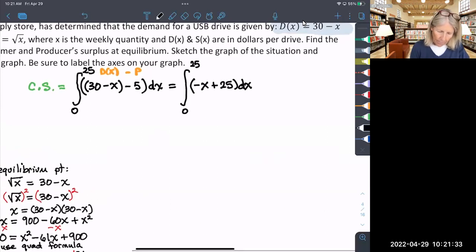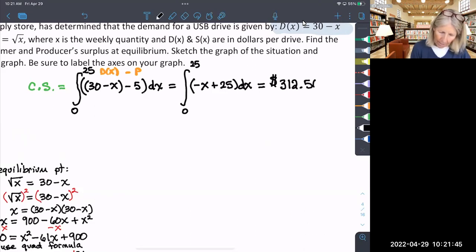So take a minute, enter that in your calculator. I'll tell you what you should get. You should get a dollar amount, right? This is money of $312.50. This is our consumer's surplus.